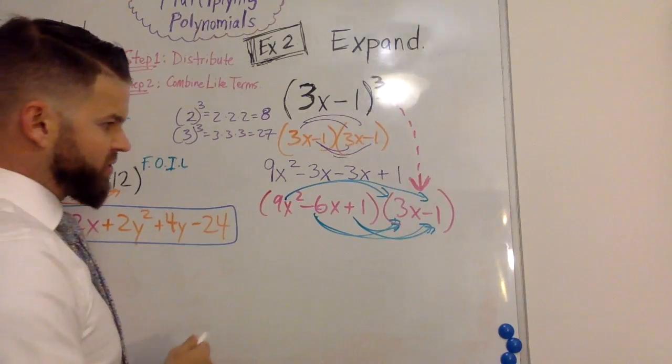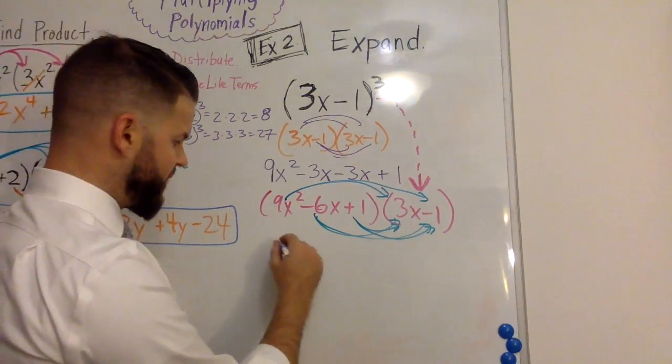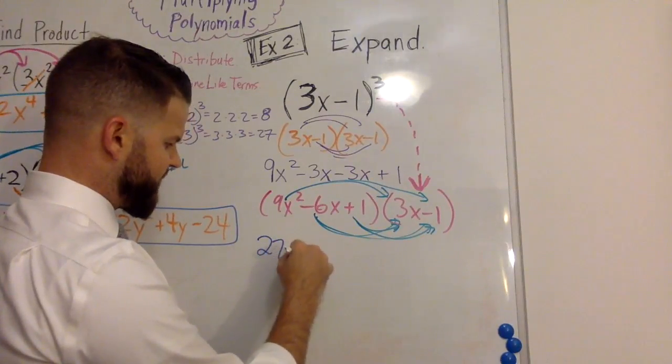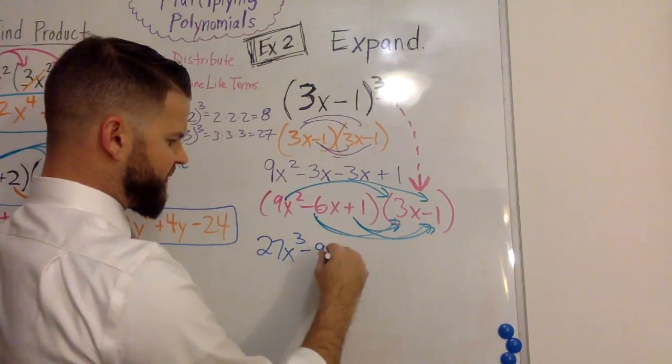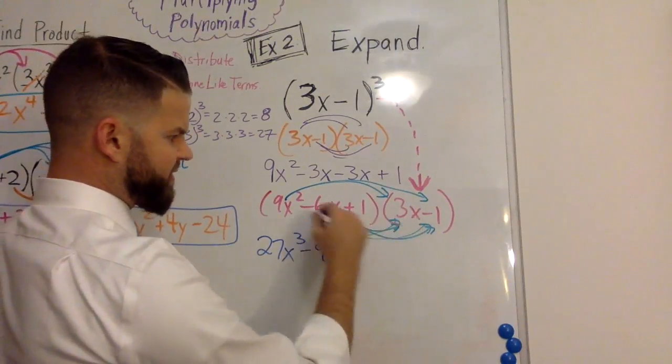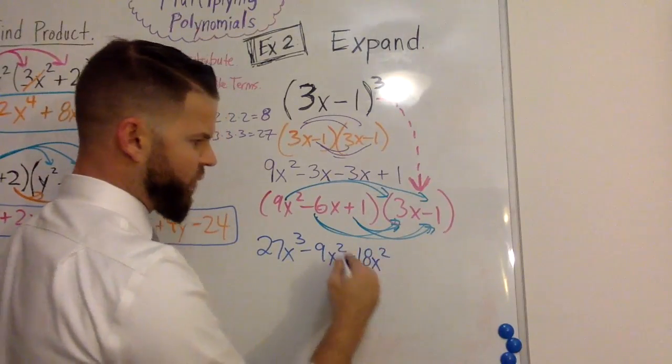So let's change colors, get a royal blue. We got 9x squared times 3x gives me 27x to the third. I got a negative 9x squared. How about this guy? That's a negative 18x squared.